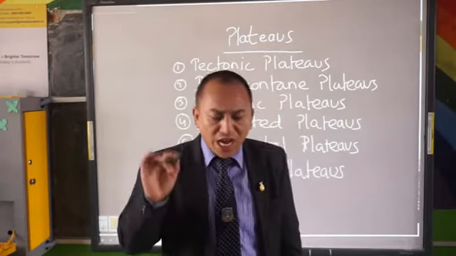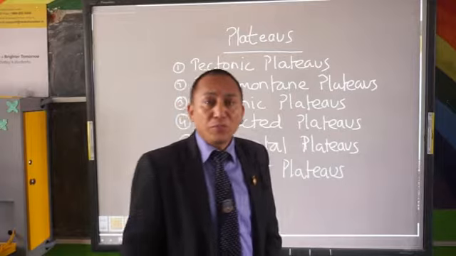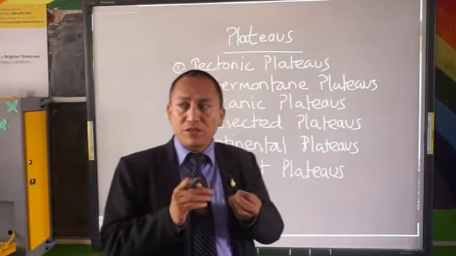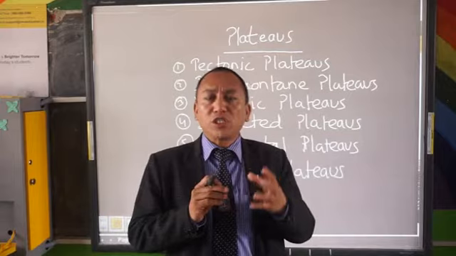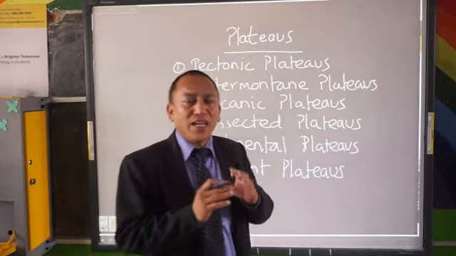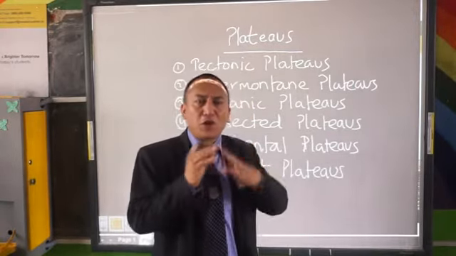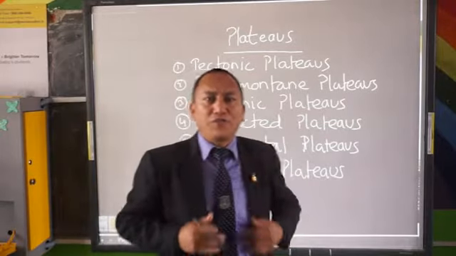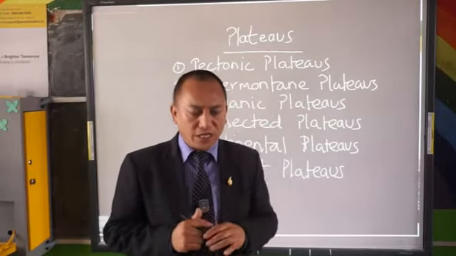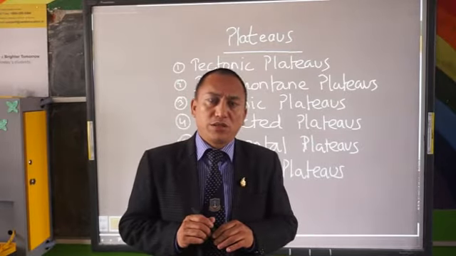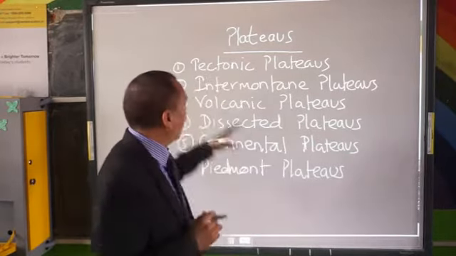Diastrophism denotes the process whereby the Earth's surface is deformed. Changes take place on the Earth's surface, whereby different land features are formed. That is called diastrophic plateaus.